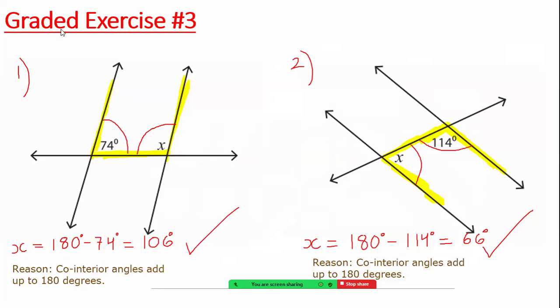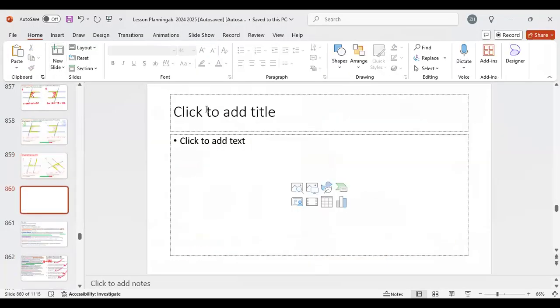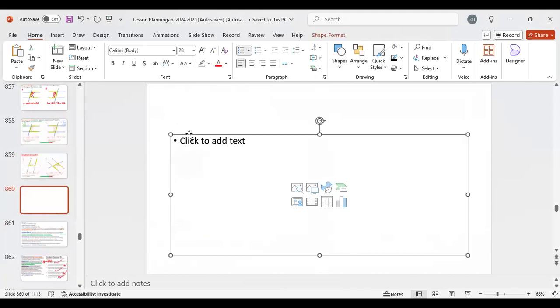Okay, so what else do we need? Now we need one more geometry rule. This is going to be geometry rule number what, 9? Yes, sir.